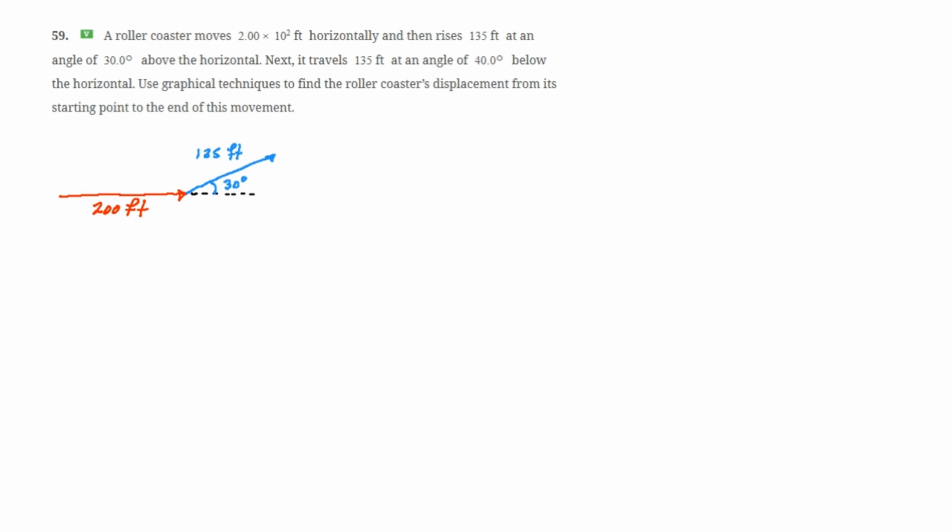That was my next displacement, right? 135 feet at an angle of 30 degrees above the horizontal. Now, I will show the horizontal here again, because now I have 135 feet and an angle of 40 degrees below the horizontal.